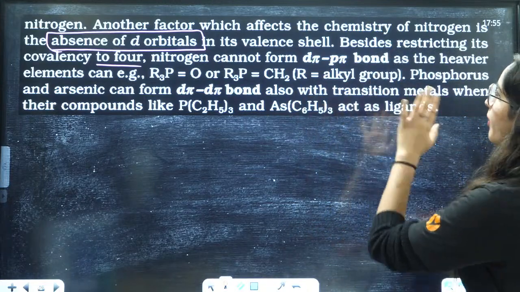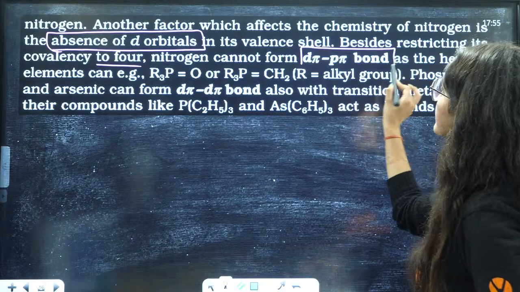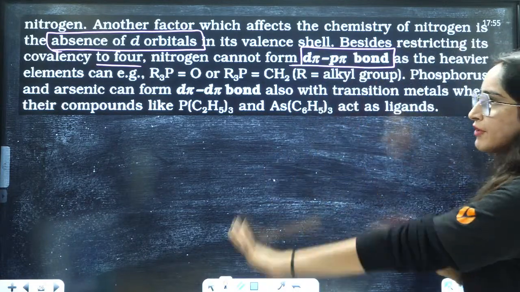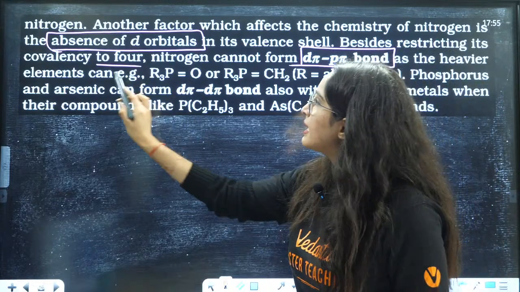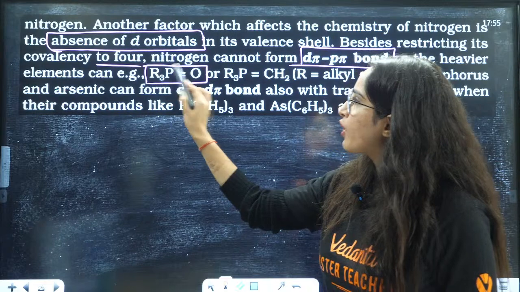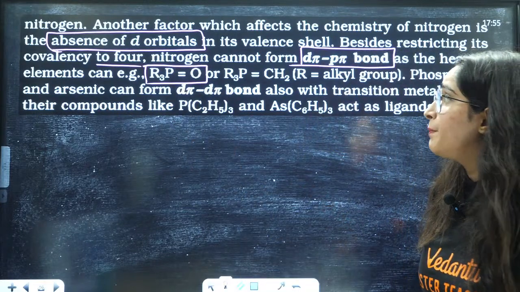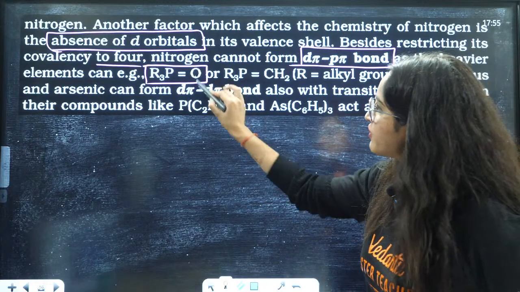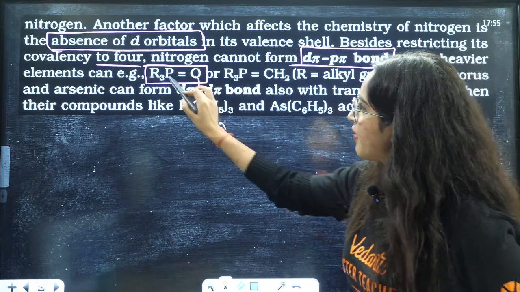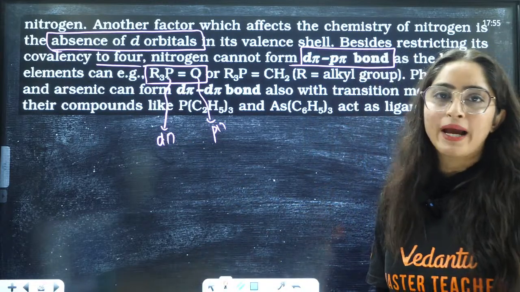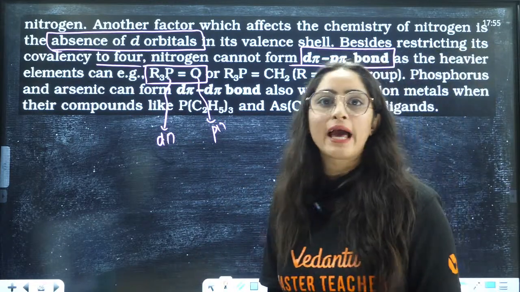Nitrogen cannot form d-pi p-pi bonds because it does not have d electrons, unlike heavier elements. For example, phosphorus is able to make a d-pi p-pi bond with oxygen. Oxygen will have p-pi, phosphorus will have d-pi, because phosphorus can have d electrons, oxygen cannot.